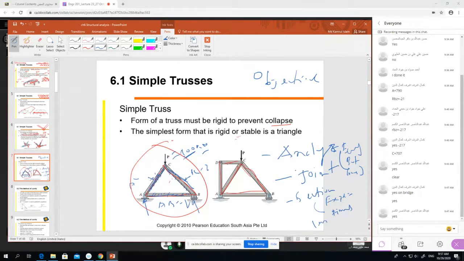Usually, I will start with the joint method, and finally we'll go to the section method, and you'll find the section method is easier and more useful. But of course, to understand and use the section method, you need to know the joint method as well. So we learn the 2 methods.